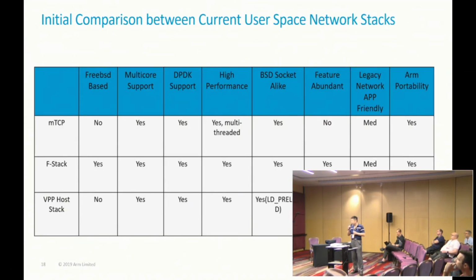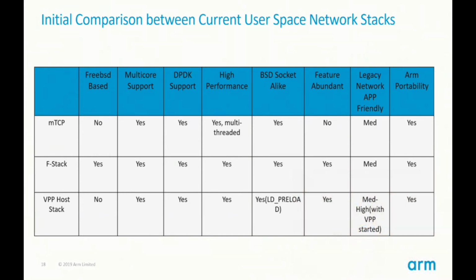This table gives an initial comparison between the current user space network stacks, such as mTCP, Fstack, and the VPP Hoststack. All three stacks can be supported on ARM, and they also support a BSD-like socket API and are feature abundant.